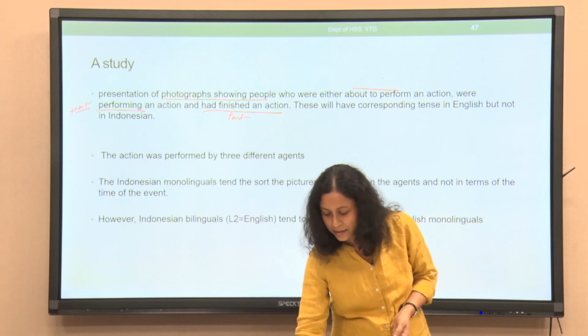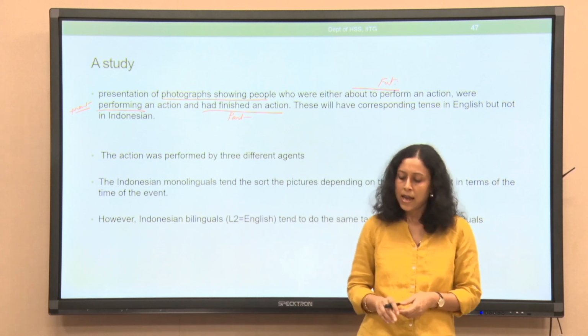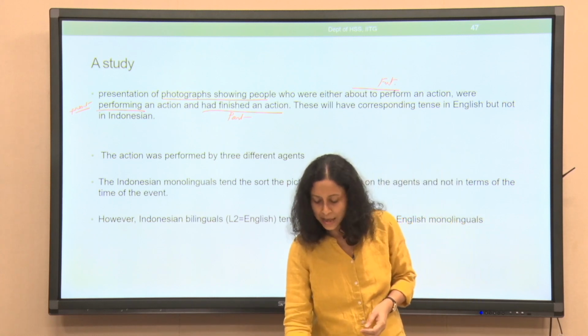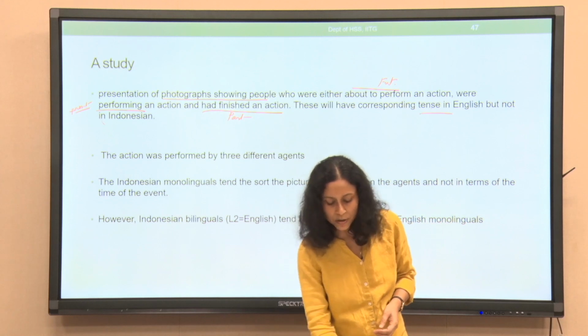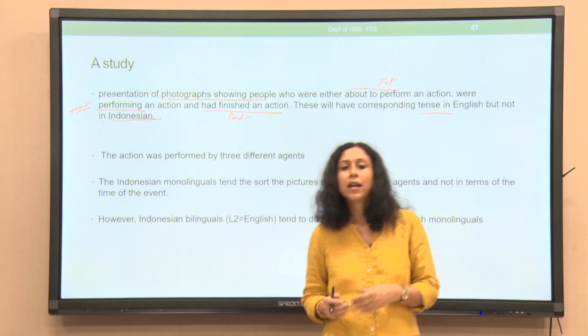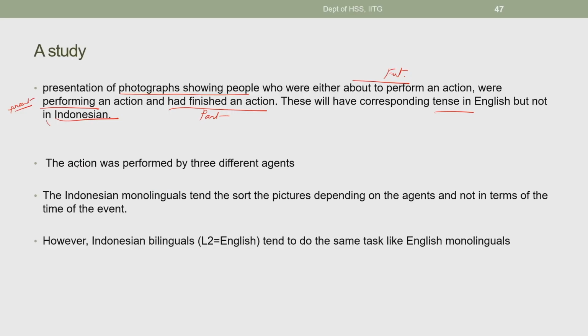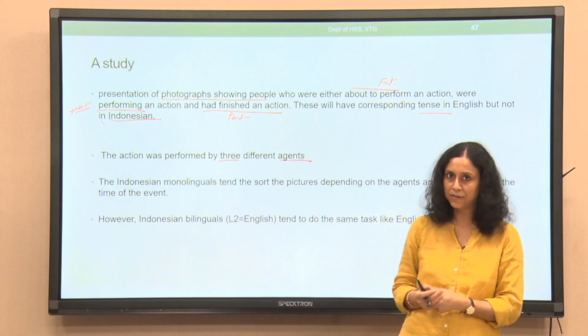And this is future tense. They all have corresponding tenses in English, but not in Indonesian. So, that was the distinction between these two languages. There was another variable brought into the study, which was that the action was performed by three different agents. So, there were three different kinds of people doing the same action.